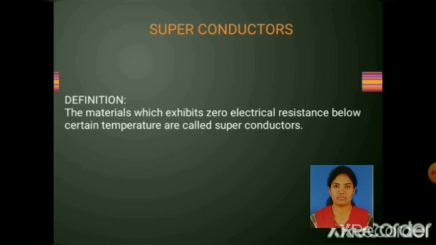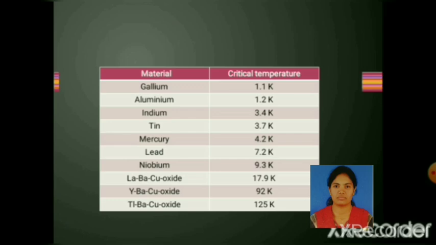Now what are superconductors? The materials which exhibit 0 electrical resistance below a certain temperature are called superconductors. Here we can see a tabular form showing different materials like gallium, aluminium, indium, tin, mercury, lead, niobium, and different oxide materials.